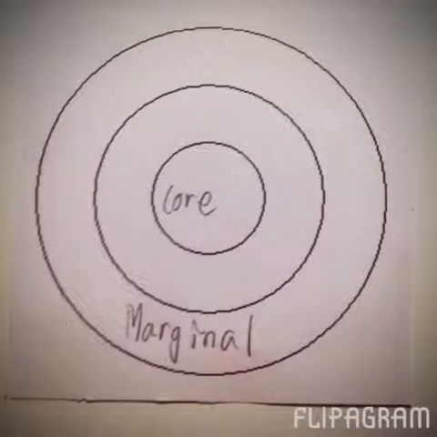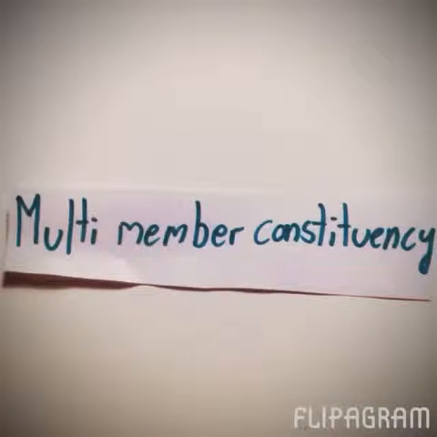It is very sad that such a diagram exists, but since it does, we are trying to improve and merge the different levels of the diagram together. As I said, women have never been in the core group, and therefore I see it as even more important that a system represents women. So, multi-member constituency in general represents more people and therefore gives a bigger chance for women to be represented.